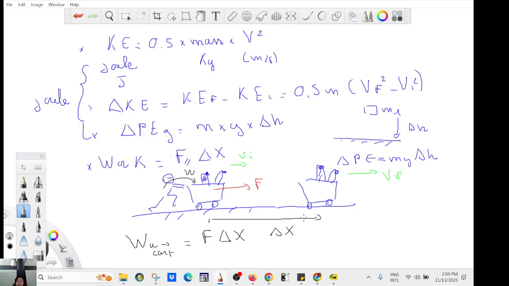If it's something like a zigzag, you have to find the total distance and you need to find the component of the force parallel to the displacement. So you increase the energy level of the cart because you are transferring energy, and that energy will be an increase in kinetic energy. We're going to see this is called the work energy theorem.